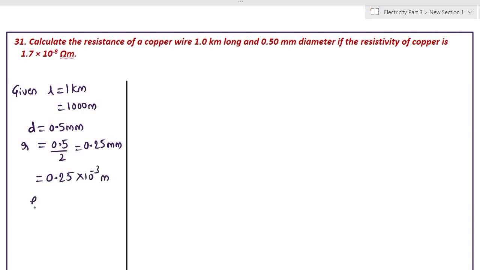If the resistivity of the copper wire is 1.7 into 10 to the power minus 8 ohm meter, what is he asking us to find? The resistance of a conductor.